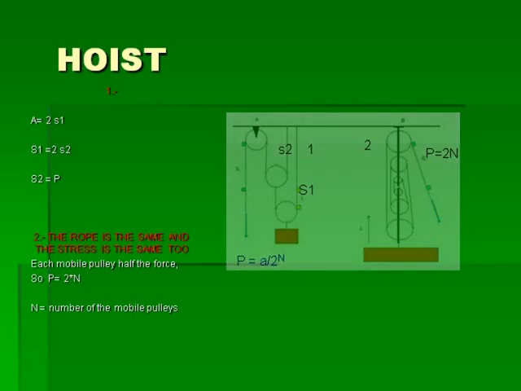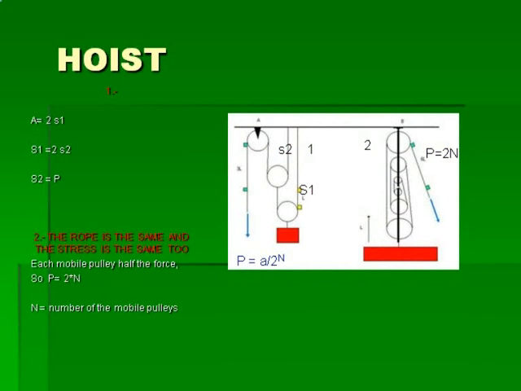In this picture you can see two that are very important. In the first one, the rope is not the same, and as you can see, you are halving the action.